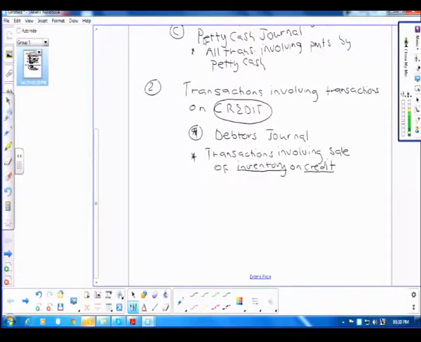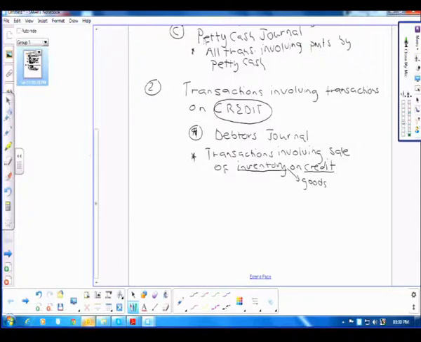That's why we emphasize inventory. If we are selling, ask yourself, are we selling inventory? And if we're selling inventory, it must go to the debtors journal. Remember that the word inventory is basically synonymous with goods. If they say sold goods, they are just saying we have sold inventory.